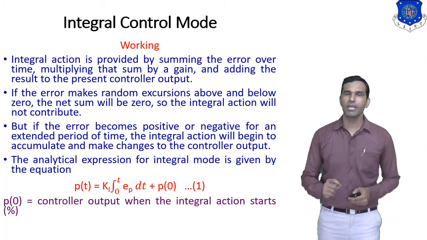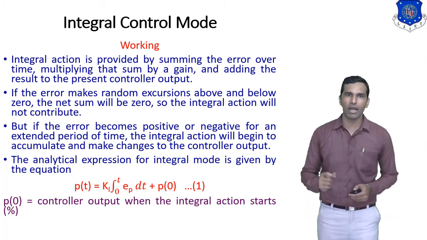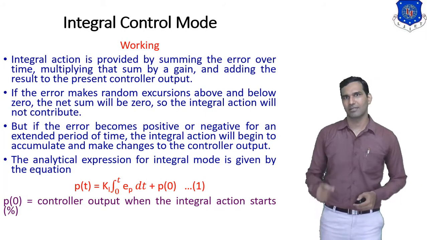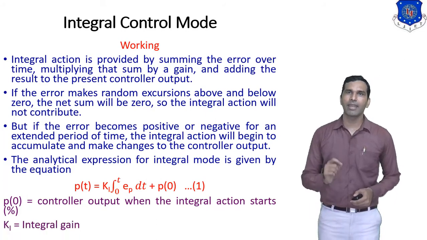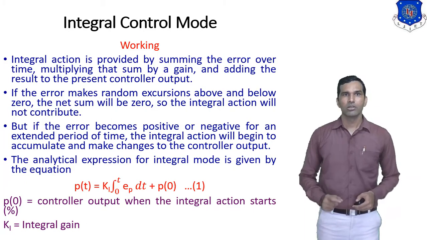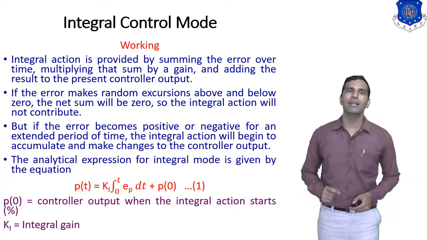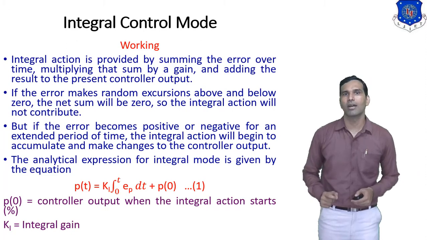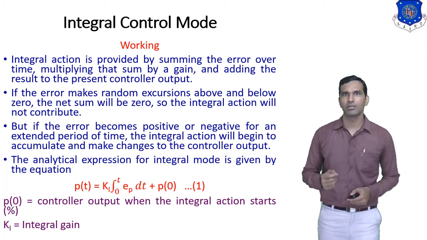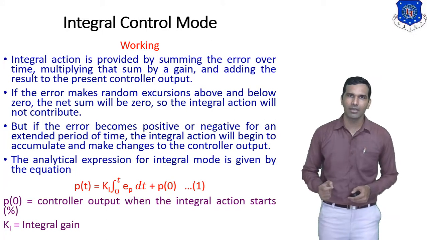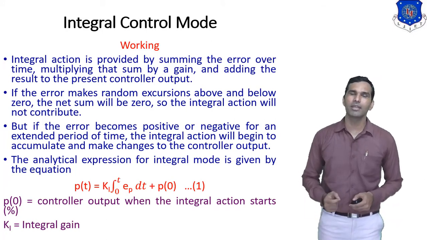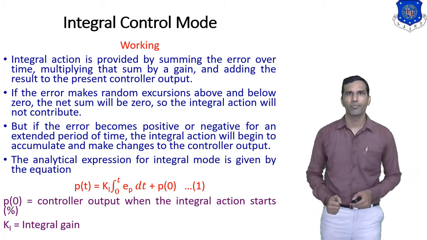So here P0 indicates the controller output when the integral action starts, and Ki indicates the integral gain. So this is the analytical equation for the integral mode.